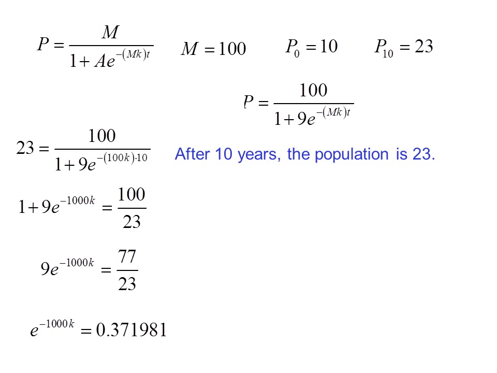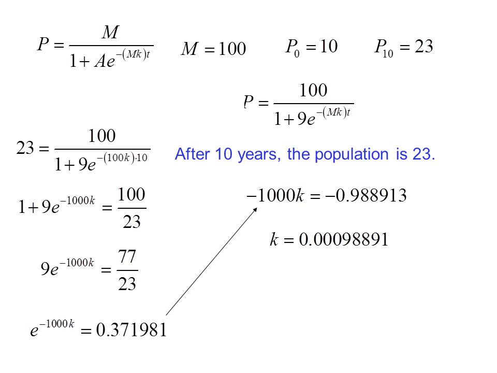Now, since we have an unknown in the exponent, we'll take the log of both sides, which eliminates the e, and we get negative 1000k equals negative 0.988913. And solving for k, we get k equals 0.000098891.